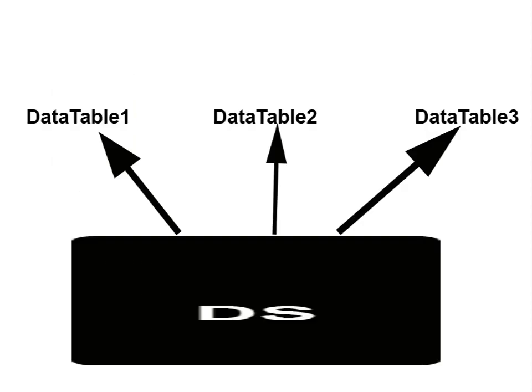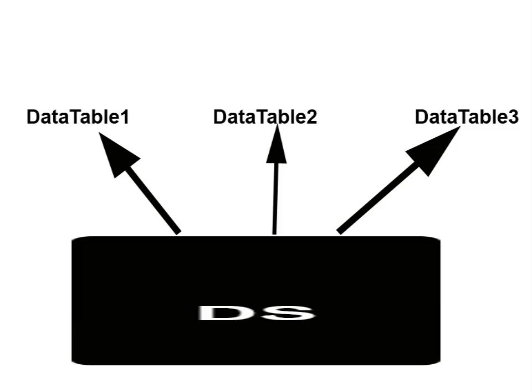Just like the database is composed of tables with data, the dataset object, which is the in-memory representation of the external database, is composed of data table objects. Data table objects are mapped directly to the database tables.